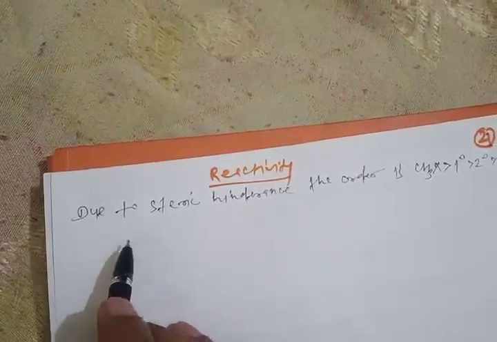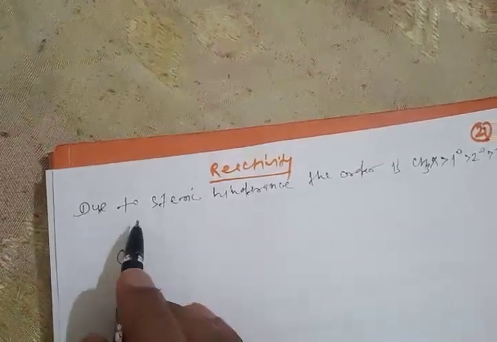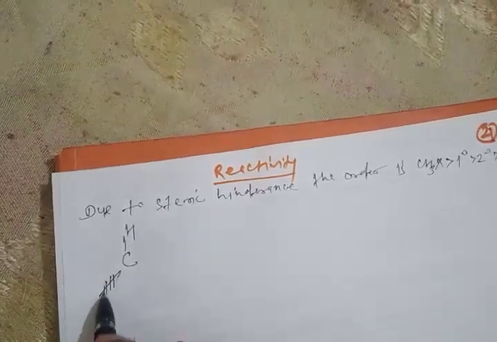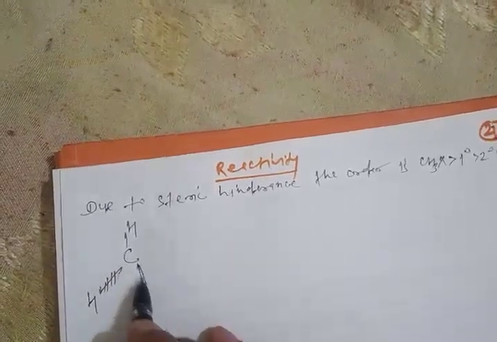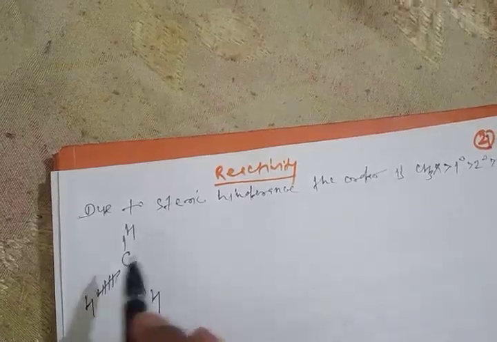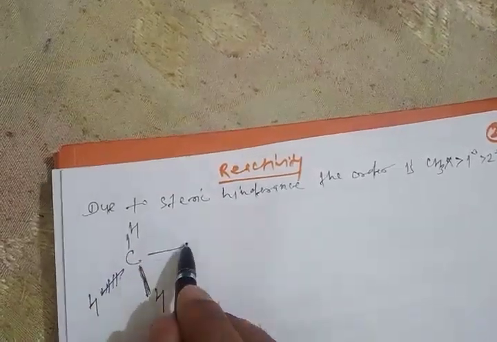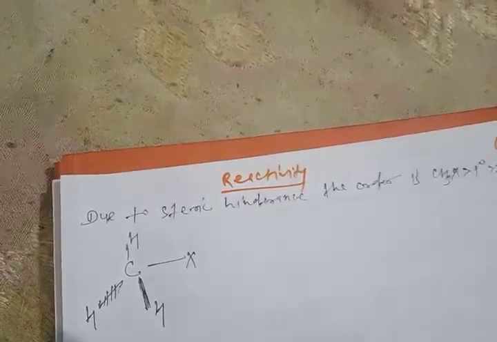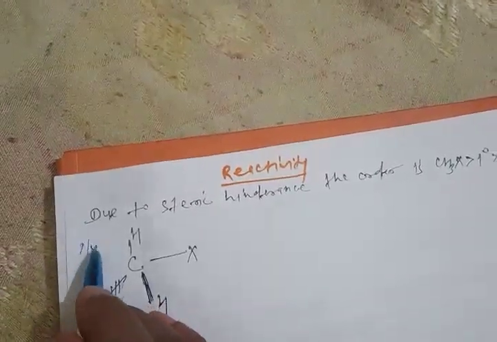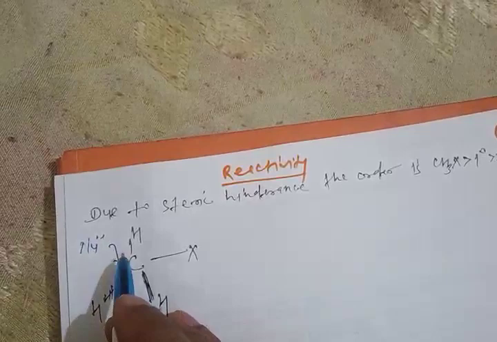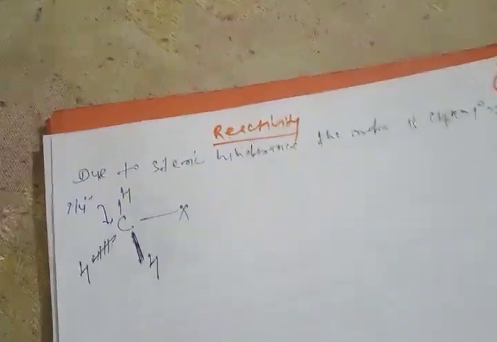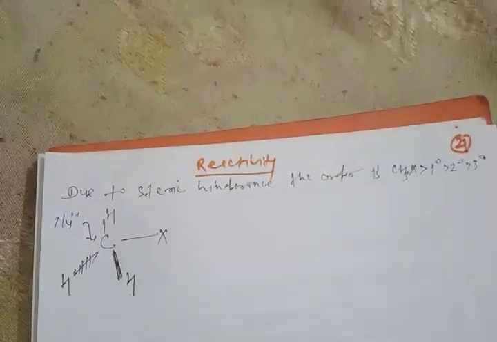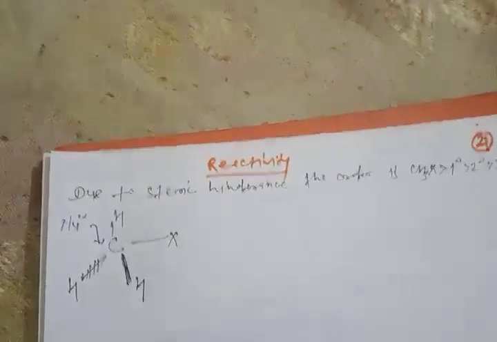See, we have a carbon, then we have a hydrogen here, another hydrogen here, this hydrogen here, and then this X. So what happens here? Here the nucleophile will attack from this side, no problem with a bulky group, because we have enough space for the attack.